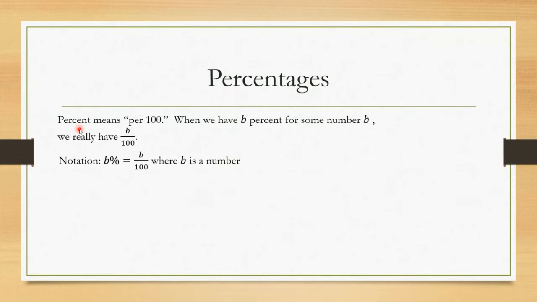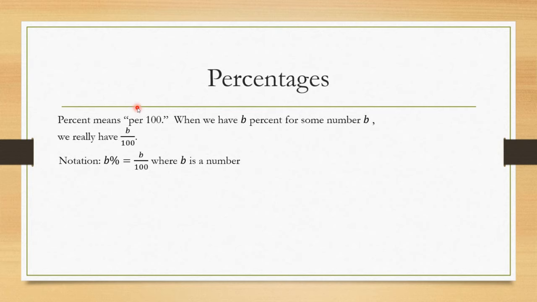If you were to take apart this word, you could probably see that as well. Per cent, right? Cent is similar to 1 to 100. 1 cent, 100 of those is $1. A century is 100 years, that kind of thing. So that's what percent means.